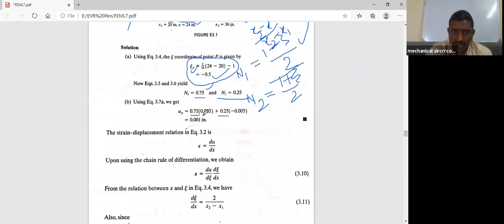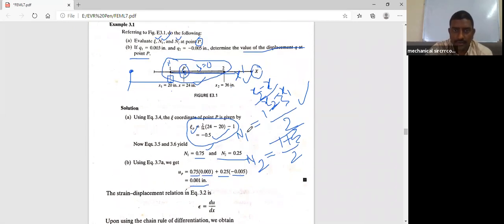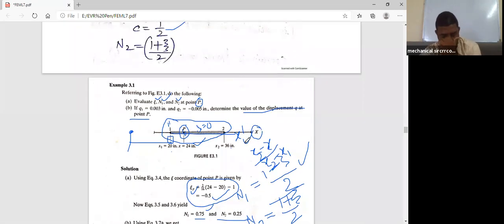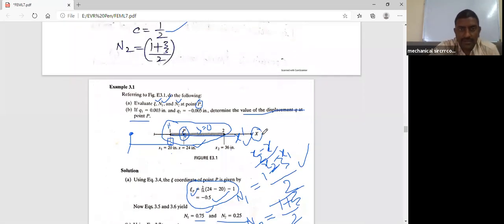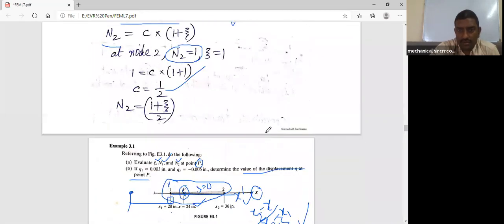At node 1, displacement q1 is 0.003, and at node 2, displacement is minus 0.005. Therefore, at point P, this is the deformation. Do you have any doubts?